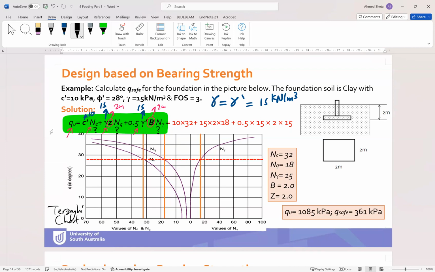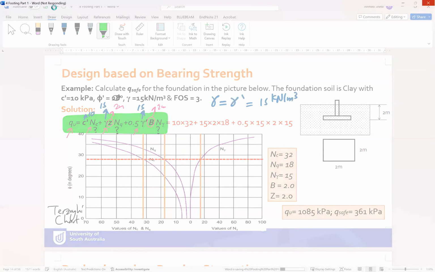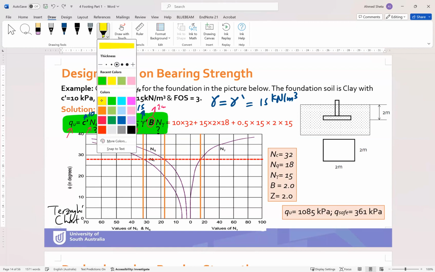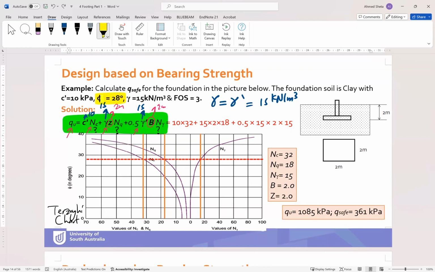Okay, using phi 28 degrees. Okay, so sorry, yeah, so we have 28 degrees.